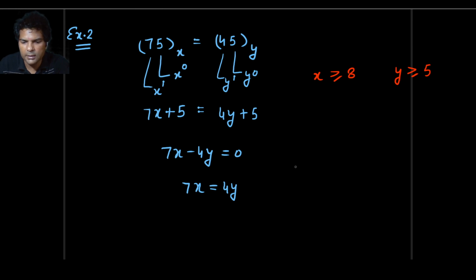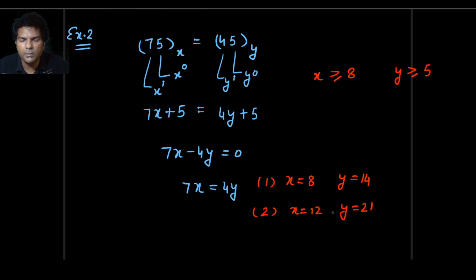Okay, so let's say x is equal to 8 and y is equal to 14. This is one possibility. x is equal to 8 gives 56, and y is equal to 14 gives 56 again. Correct? Now the second possibility is x equal to 12 and y equal to 21.